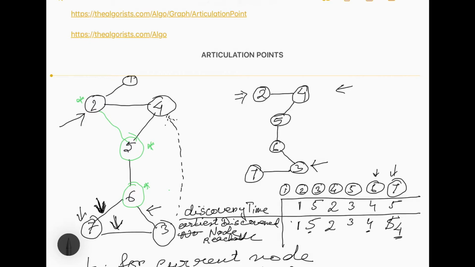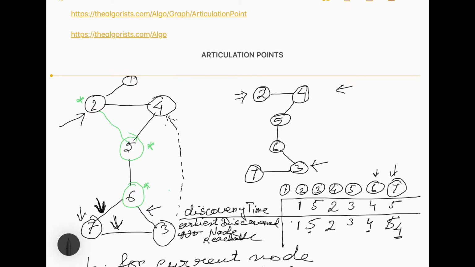The earliest discovered node which is visible from any of its adjacent nodes will also be visible from the current node, which is 3, as long as we are not using more than one back edge.